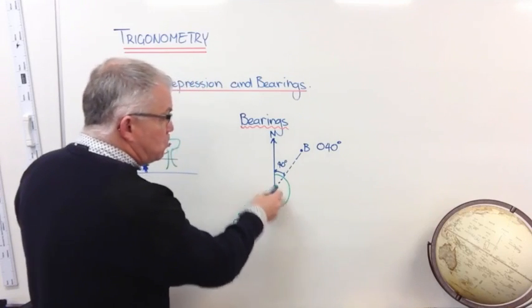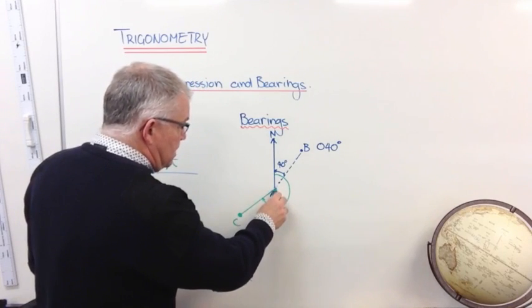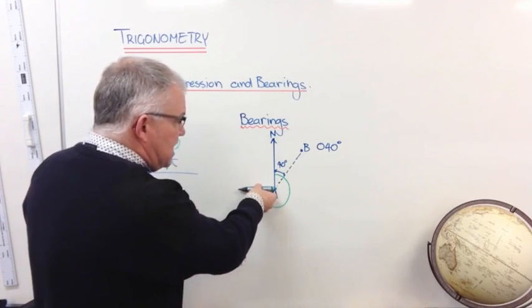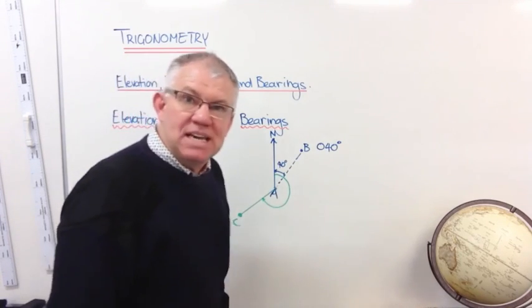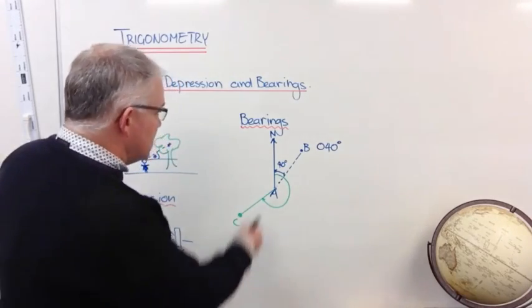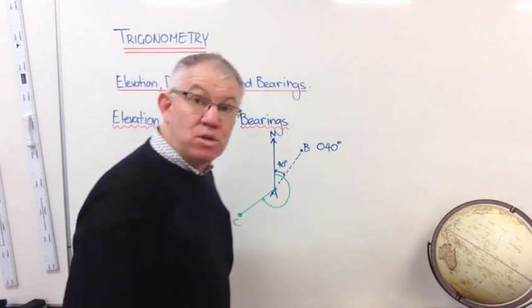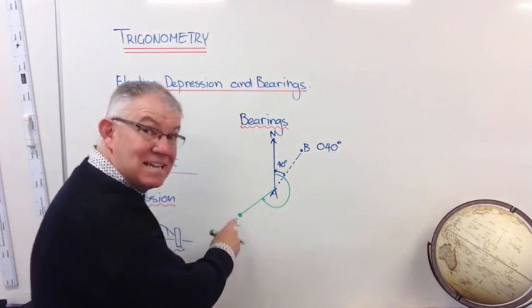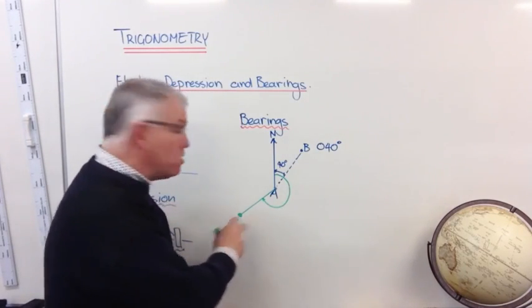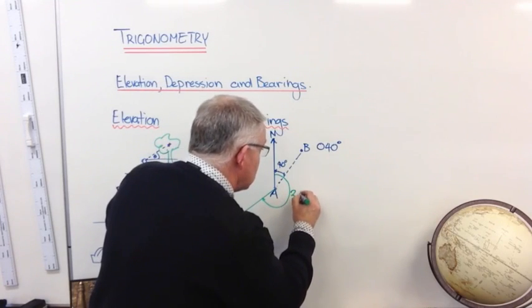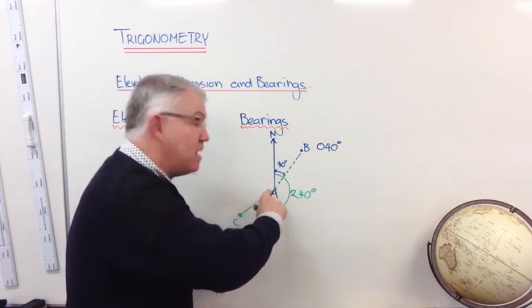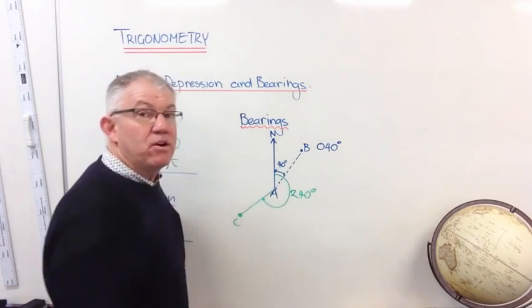So we're somewhere between 180 degrees and 270 degrees. So let's say maybe we're 210 degrees, it doesn't really matter for this, maybe 240. Okay, we'll say C is on a bearing of 240 degrees from A.